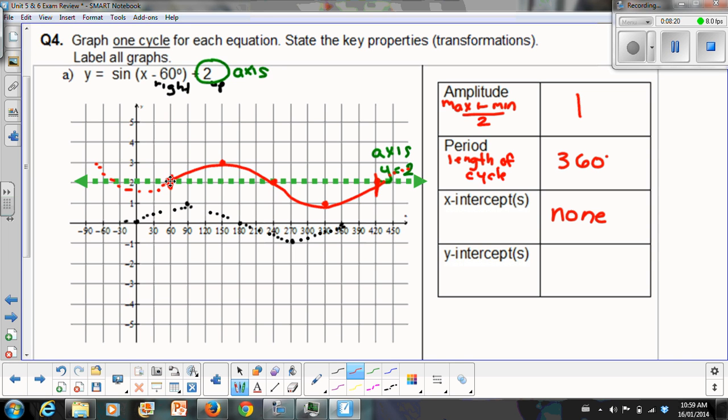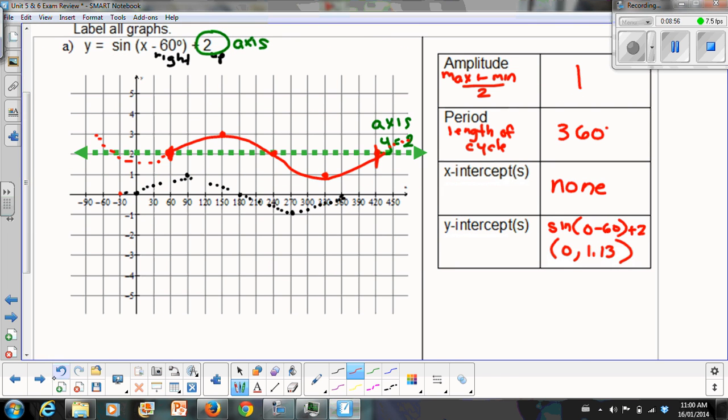And the y-intercept, we would have to calculate algebraically. So we would do the sine of plugging in 0 for x, and you can use your calculator. If I were to do this properly, it is approximately at 1.13, and rounded is fine.